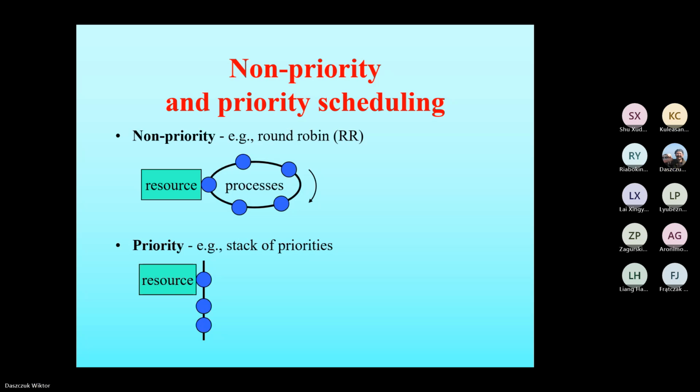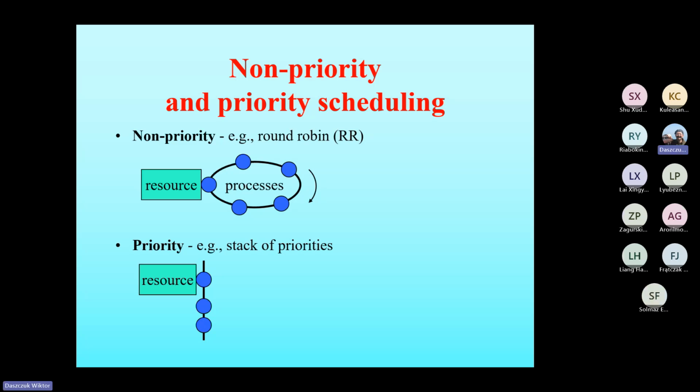Priority, we have a stack or a queue better. A stack is in Zilberschatz's book, but it's a prioritized queue. What is on the top gets the resource. If it stops for some reason, we take the next one and give it a resource.